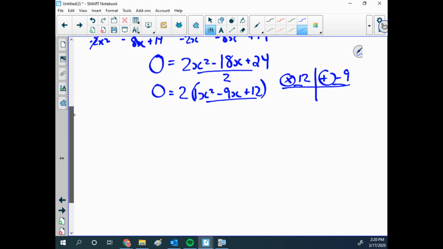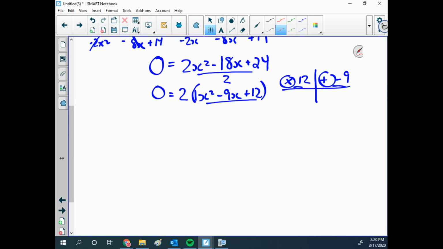So then I need to take this information and put it into the quadratic formula. Now, whether you want to use this equation or this equation for the quadratic formula, it's not really going to change. So I'm going to go x is equal to negative b plus or minus the square root of b squared minus 4ac, divided by 2a.